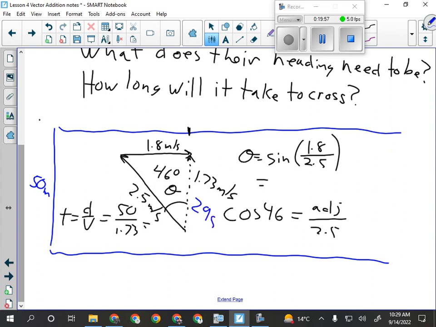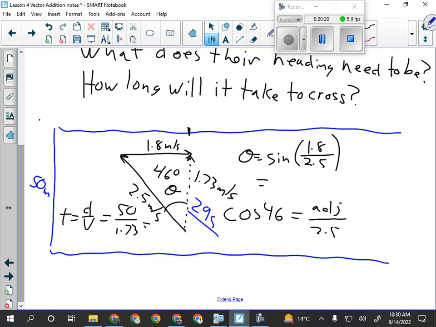That's the two kinds of boat questions you can get: going across and rowing across. That's a going across boat question, because we end up across. Rowing across means we end up downstream.